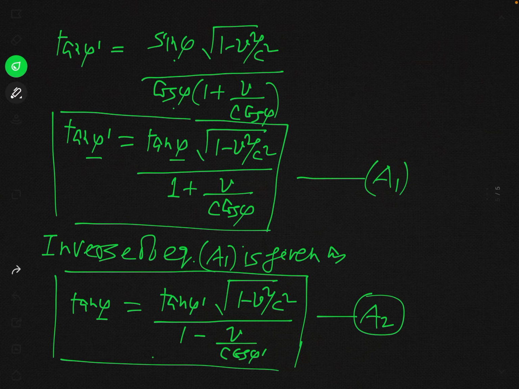You can see from this result, if v is not equal to 0. When you say that v is not equal to 0, what does it mean?